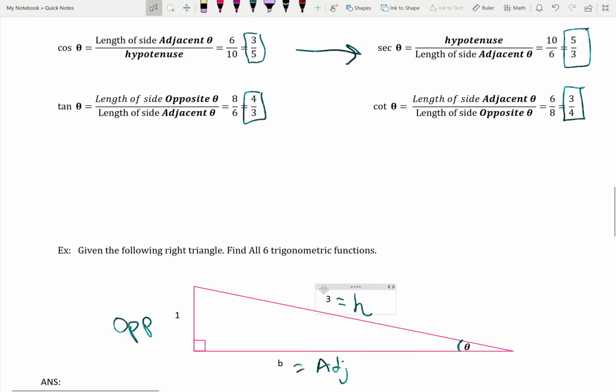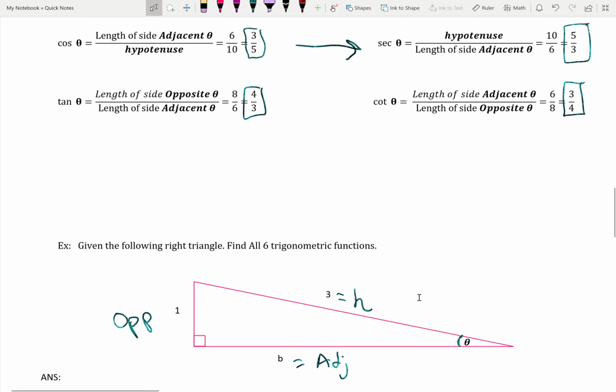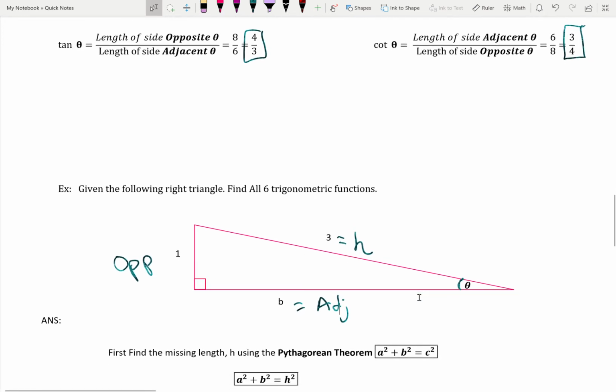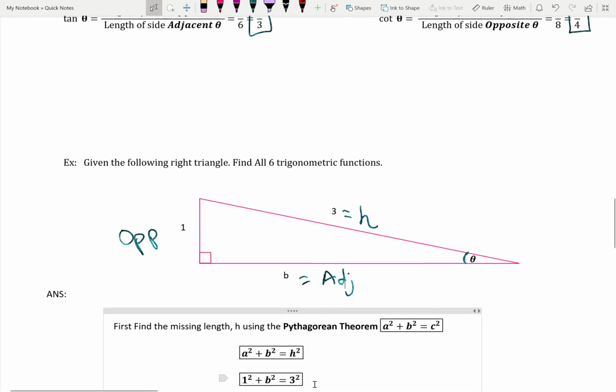Again, we don't know what B is, so we have to use the Pythagorean theorem to solve for B. So a squared plus b squared equals c squared. Remember, c is always the hypotenuse, so it's going to look a little different this time. On the left-hand side is my unknown this time.